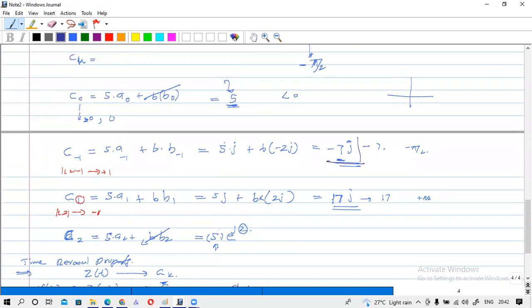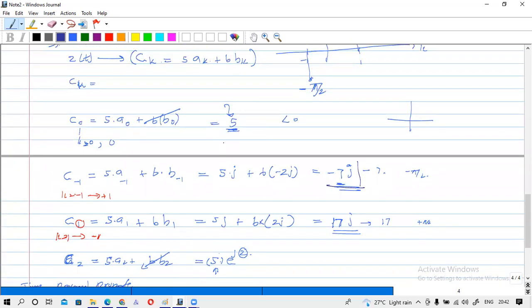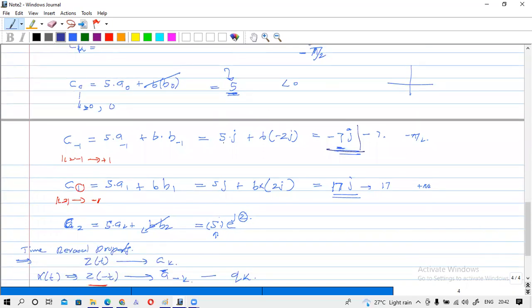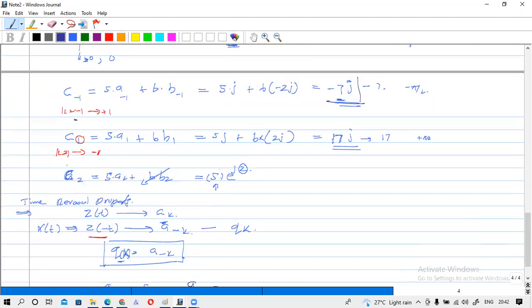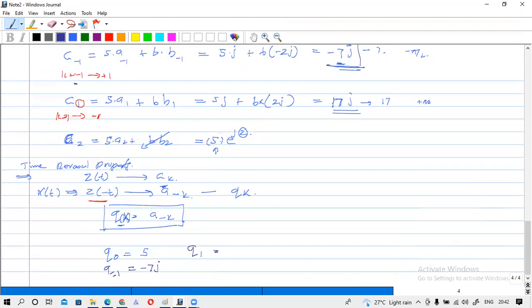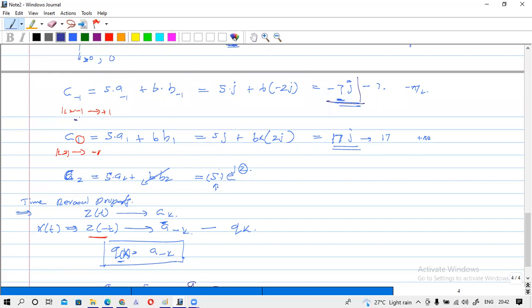So corresponding to that, in the ZT signal we have to get the minus k, that is minus 7j.